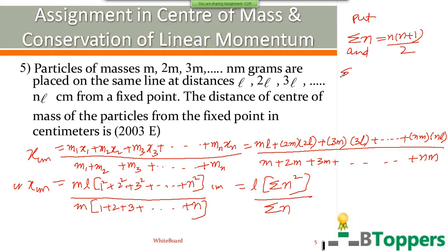And the sum of the squares of the first n natural numbers, sigma n square, is given by n into n plus 1 into 2n plus 1 by 6. Come on, substitute these values and complete the calculation part yourself.